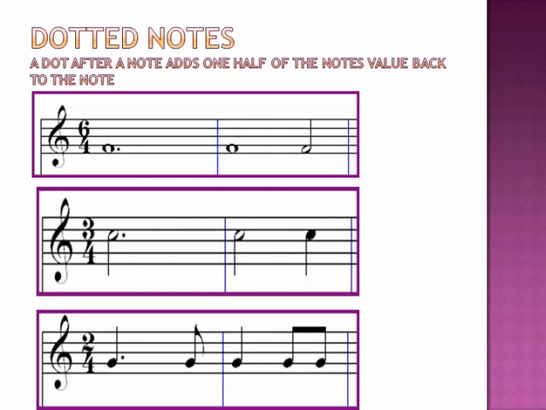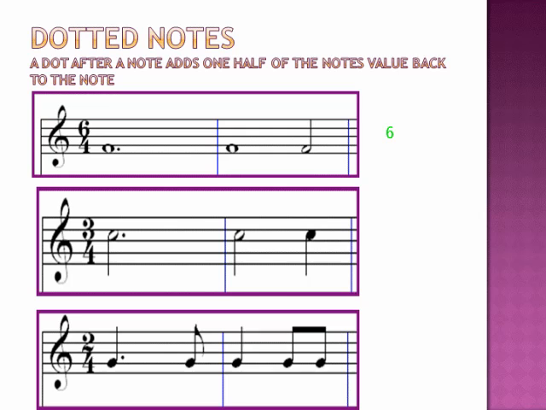So the way I figure out how long the dotted whole note is going to be is that the dot will add 2 beats back to the whole note. Therefore, it's going to make it worth 6 beats.